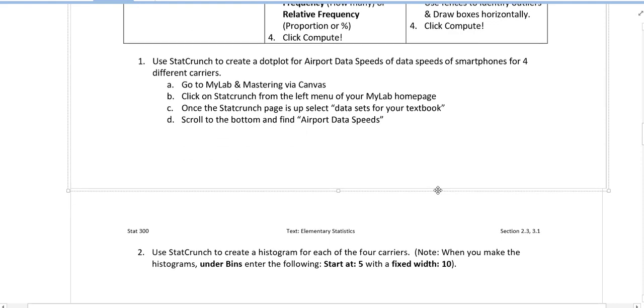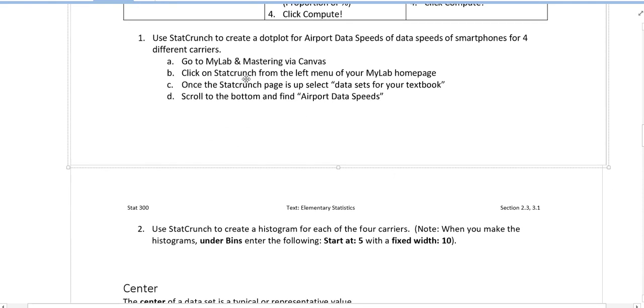So what I want you to do is go to your StatCrunch, and we're going to create a dot plot for the data set. So go to My Lab and Mastering via our Canvas course, and then you're going to click on StatCrunch from the left menu, and you're going to open StatCrunch, and then do data sets from your textbook. Now, I do want to emphasize that if you just go to the StatCrunch website, you won't see data sets from your textbook.